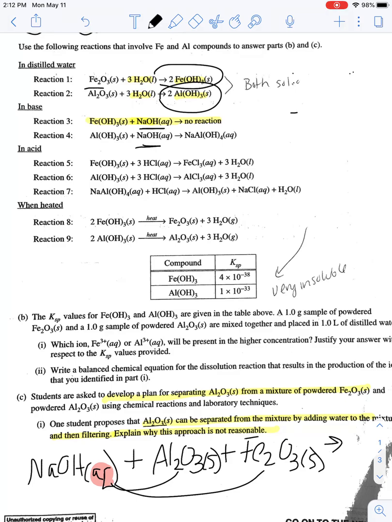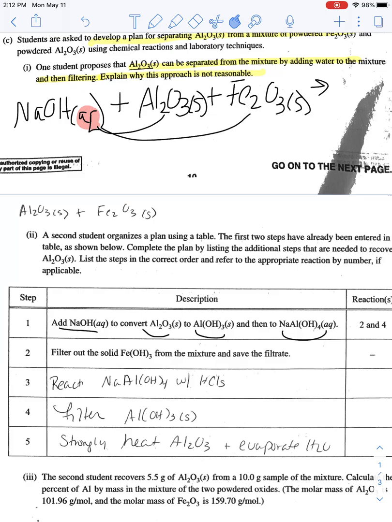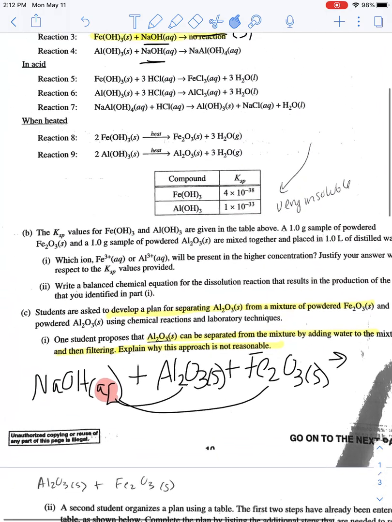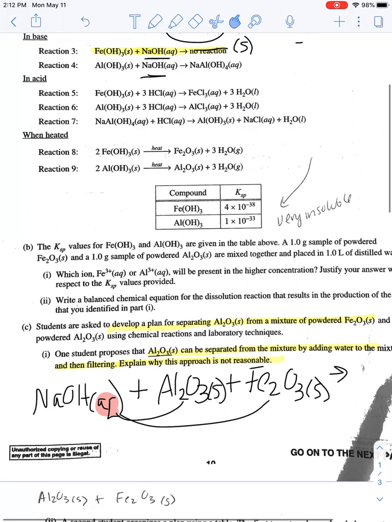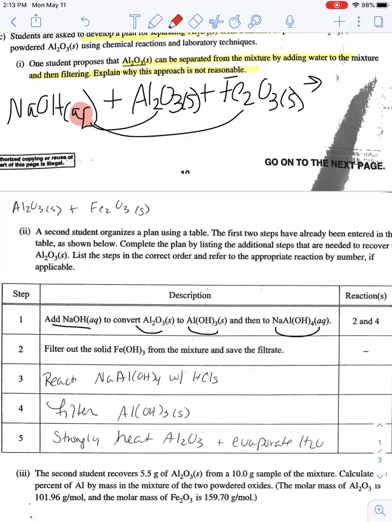With the first one, there's going to be no reaction, so it's just going to be a solid, and we can filter that out. With the other, they're going to react it and produce NaAl(OH)4, which is aqueous. I hope I'm not making you dizzy with this. The other part is a solid, so you can filter out the solid, and you got rid of that. The problem is now we're left with this component right here.